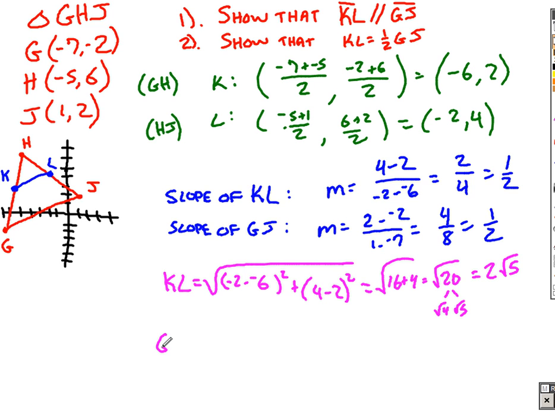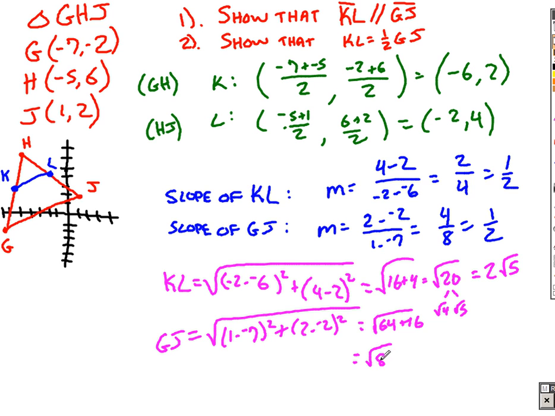Now, for GJ, we've got to find that length as well. We're going to do the same thing. We're going to do the square root of, subtract my x's, so it'll be 1 minus -7 and square it, and then subtract the y's, 2 minus -2, and square it. So this will give you the square root of 64 plus 16, which means I'm going to get the square root of 80 here. And the same thing, how can I simplify this?